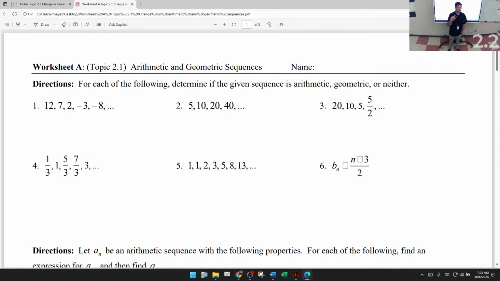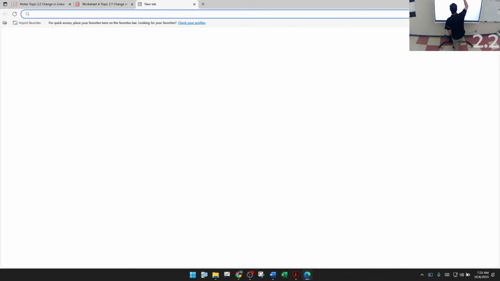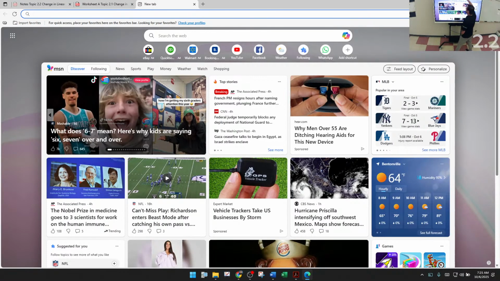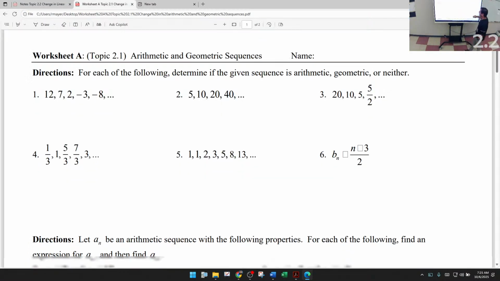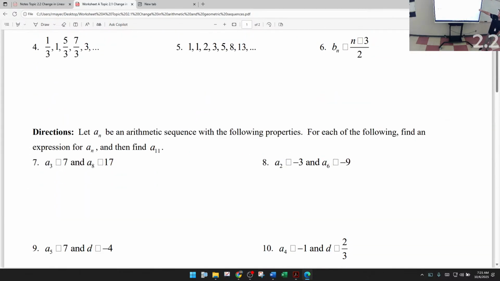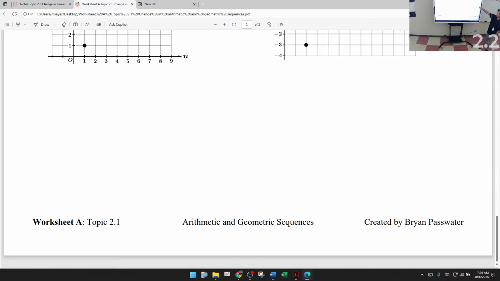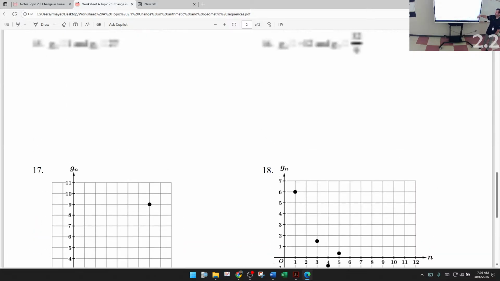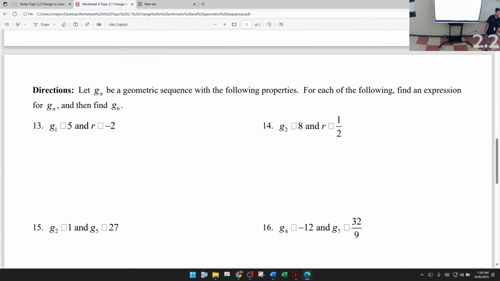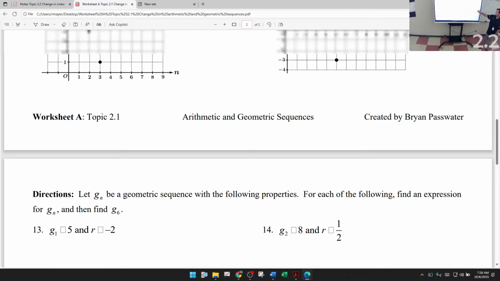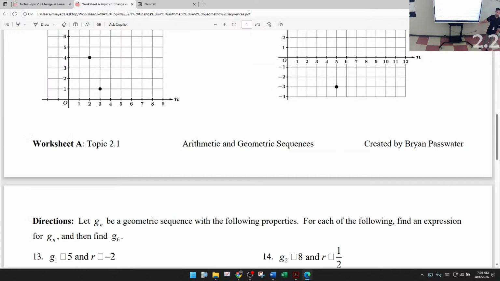You had to find the R. That was part 2 of the notes. I don't have it even up here. Let's do this. This was your worksheet. Which one? What difficulty? Where? What do I need to do? Which one? The back page?